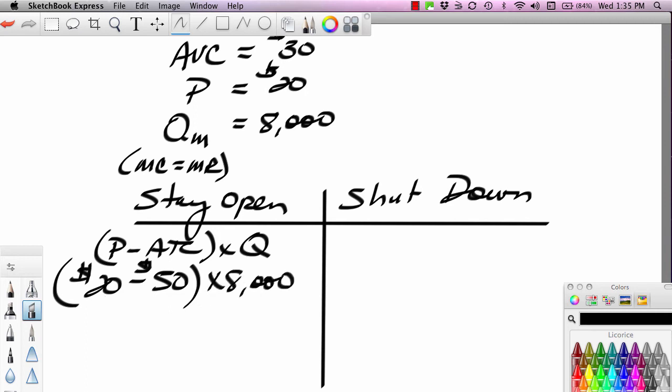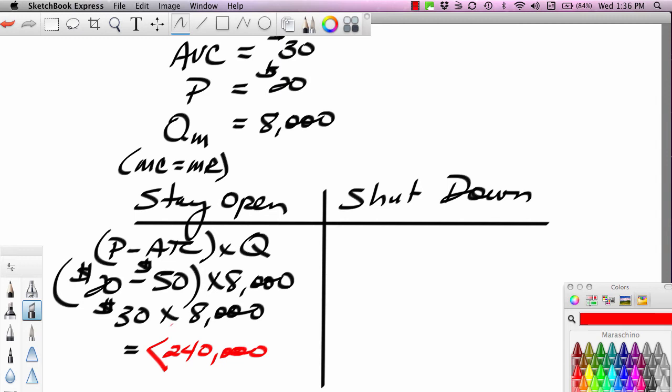So we have $30 times 8,000, and that equals a $240,000 loss. I'll put that in brackets indicating that's a loss. So if the firm stays open, whatever the rate is here, whether daily, weekly, monthly, or annually, this firm would lose $240,000 by staying open.